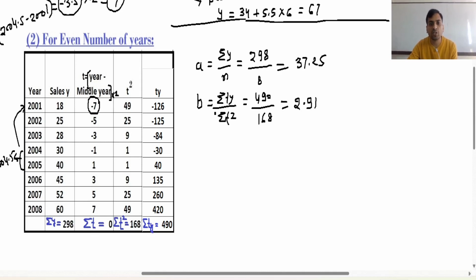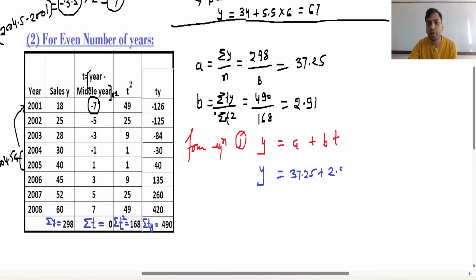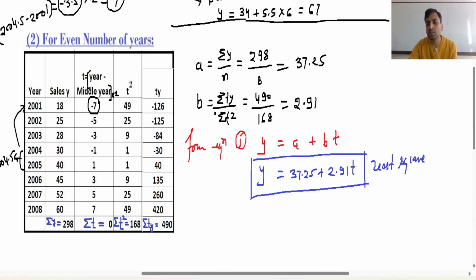Now again from equation 1, y equals a plus bt. We will put the values of a and b, so you will get y equals 37.25 plus 2.91t. So this is the regression line, or we can say the least square line or trend line for even data.